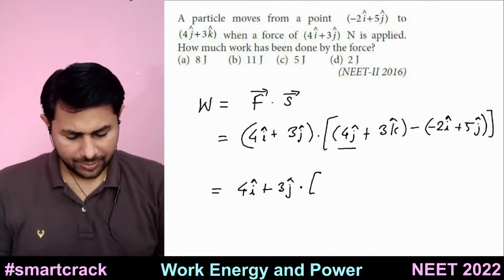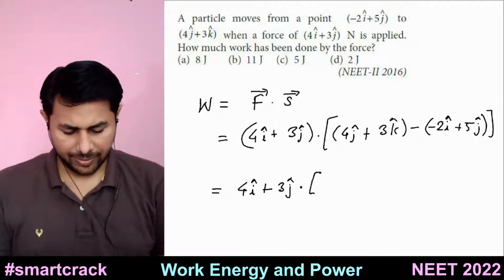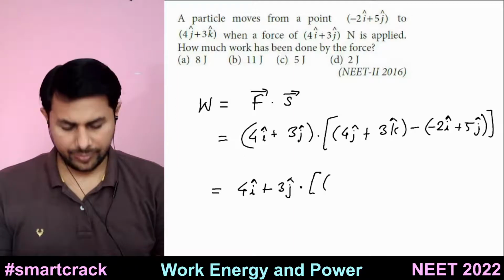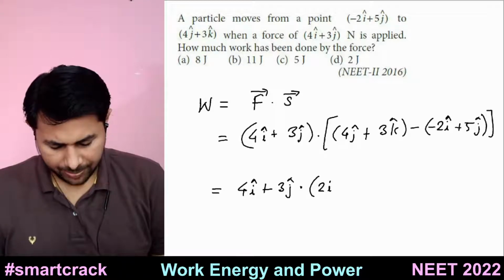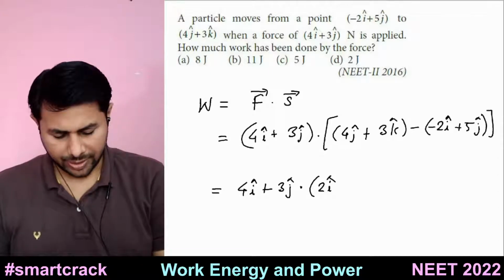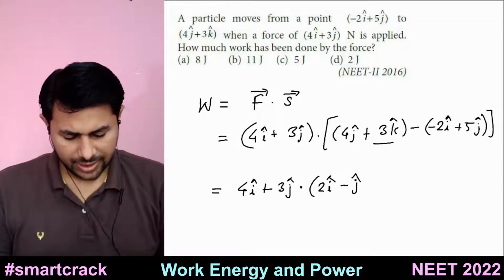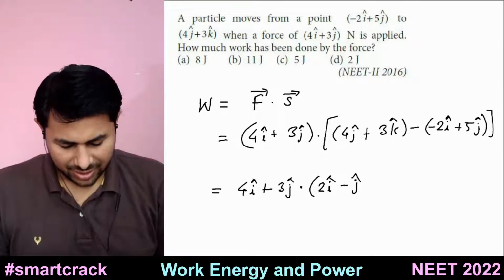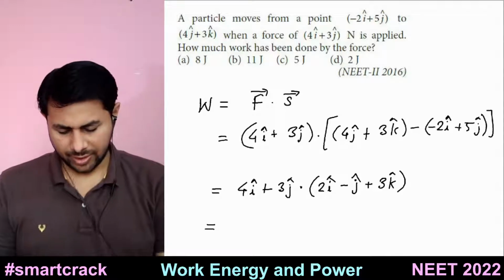So 4j cap, and there is 5j cap in the other term. There is no i cap, so we can write it as minus of minus 2i cap. That's plus 2i cap. So 2i cap, then it is 4j cap minus 5j cap. So 4 minus 5 is minus 1. So minus j cap, and 3k cap, there is no k cap term in the second term. So plus 3k cap. And then we have to multiply this.